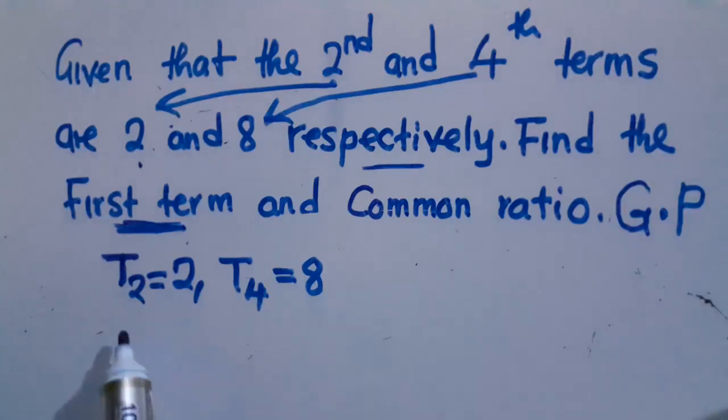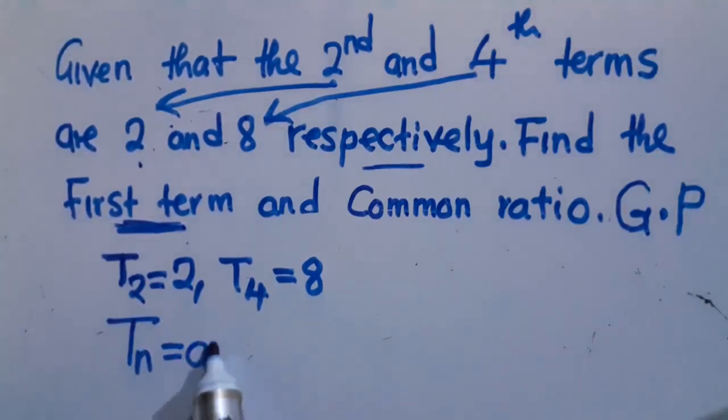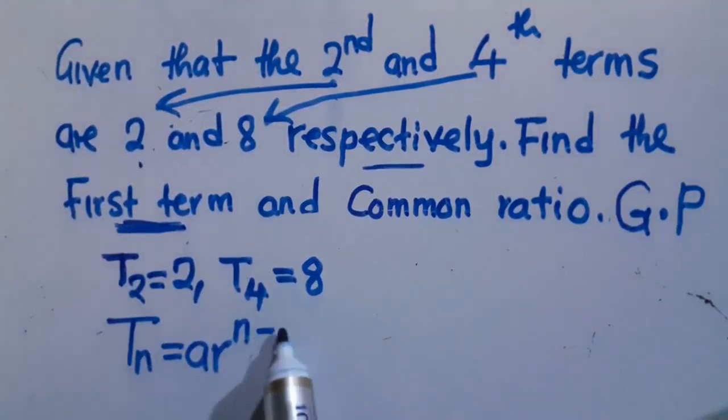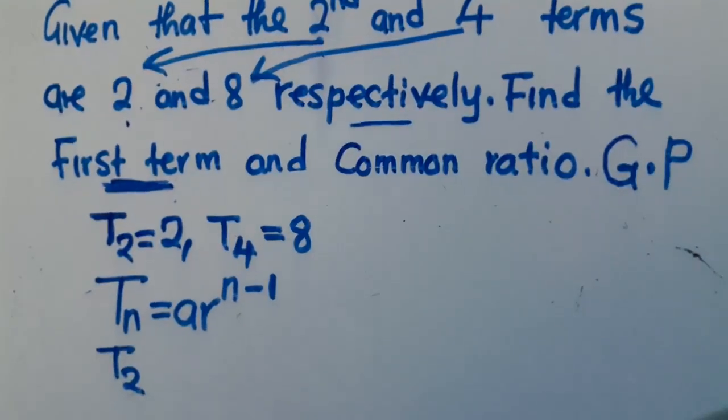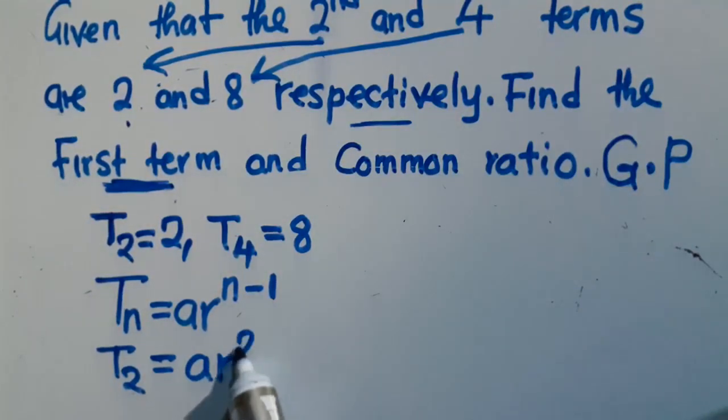You know that this is the formula for the nth term. If I start with this one, where there is n, I put 2. So T2 is equal to A R to the power of 2 minus 1.